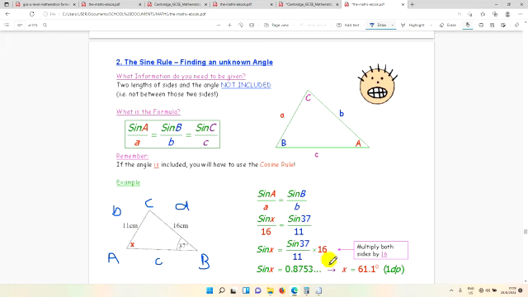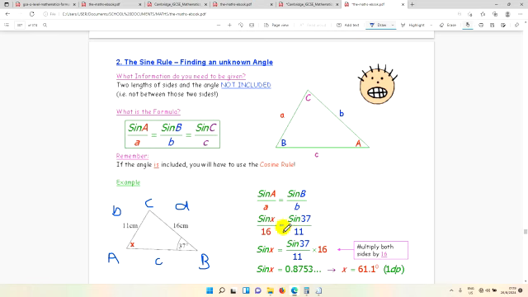Right, so now we have sine A over a, which is equal to sine B over b. What is your small letter a? 16. And what is your B as an angle? 37. So it's going to be sine 37 over your side, which is 11. Right.